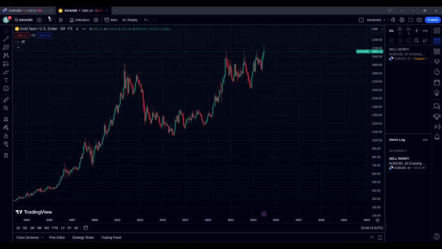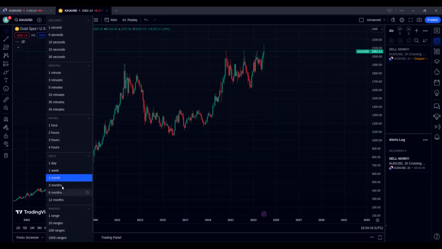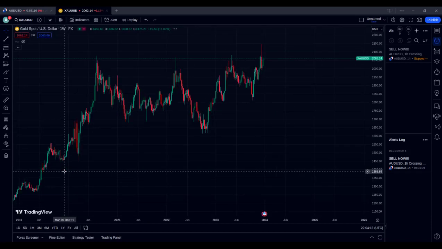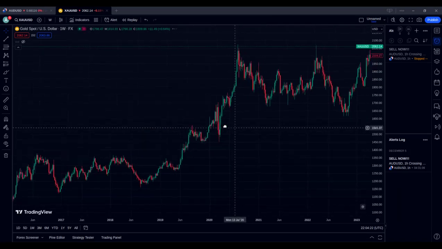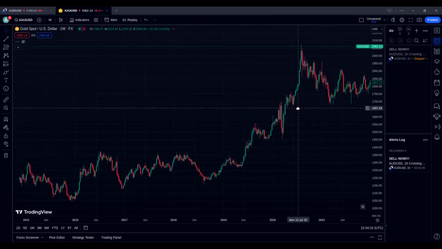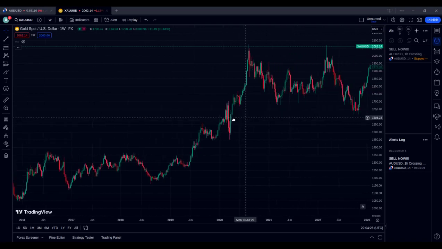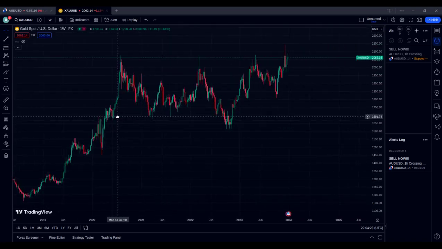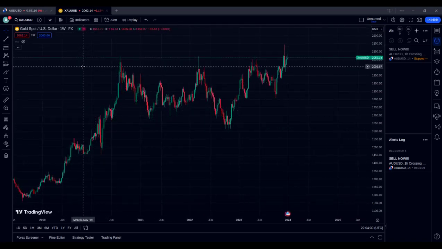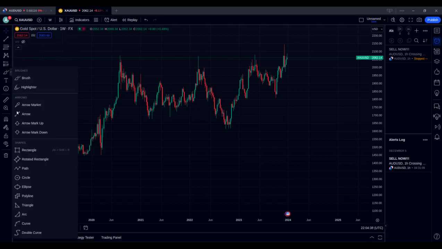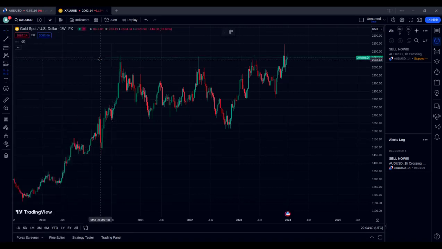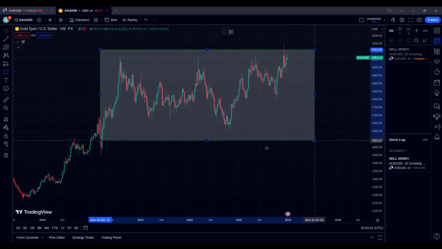So let's move on to our weekly time frame. Okay, what do we see here? I can spot a lot of levels. I'll just pay attention to this zone, just this one.